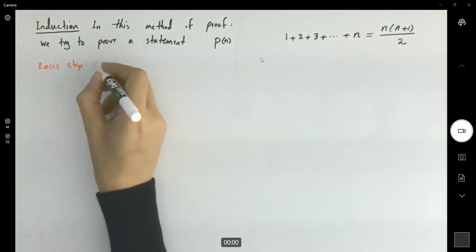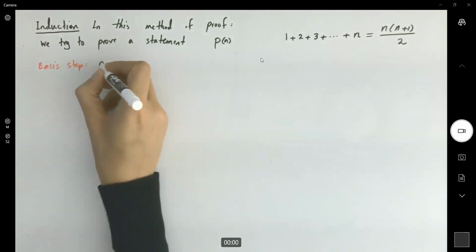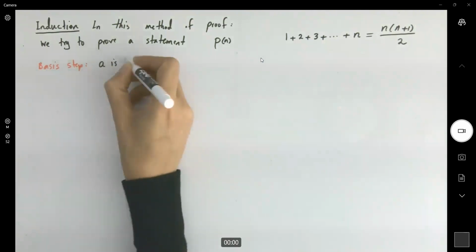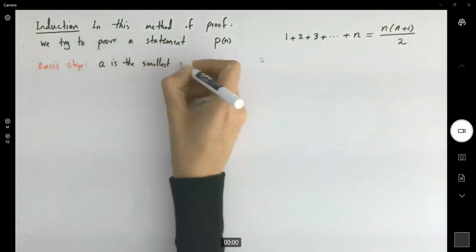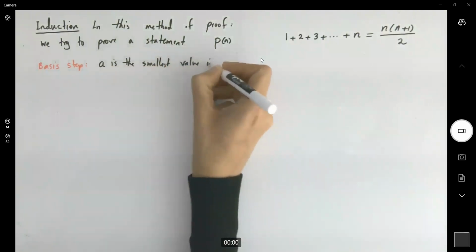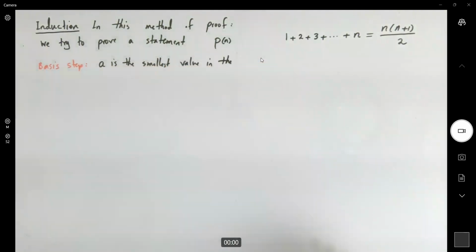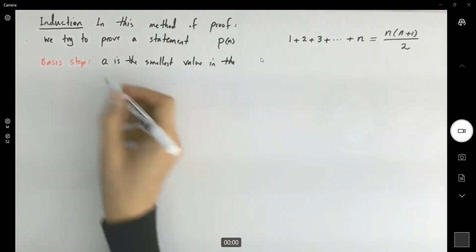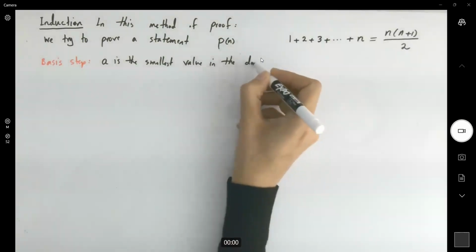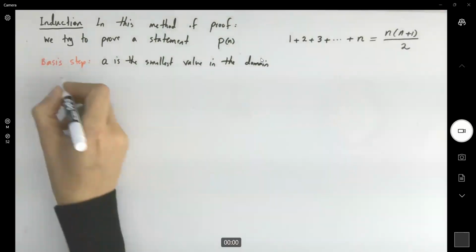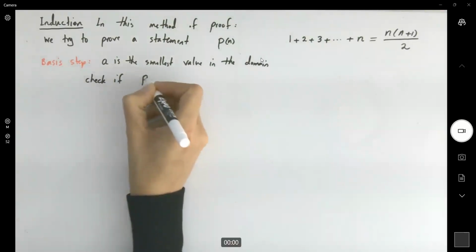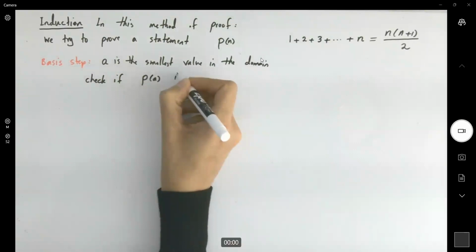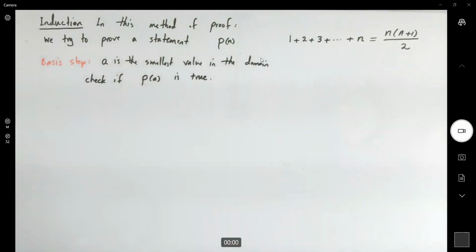So if a is the smallest value in the domain, you're going to work with that. Check if P of a is true or not. Okay, this is your very first step.